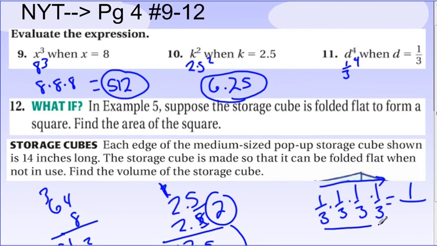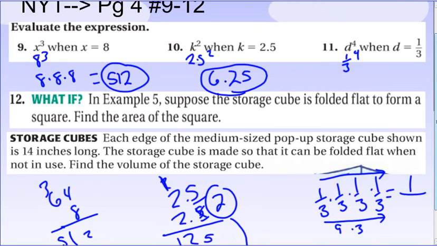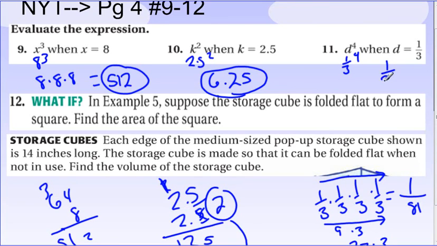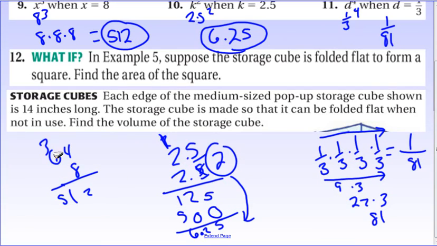You multiply across the bottom, 3 times 3 is 9. 9 times 3 is 27. 27 times 3 is 81. So you get 1 over 81. So that's the first 3 problems. You were just evaluating. You were finding the answer, and I'm going to delete this work, so make sure you got it.